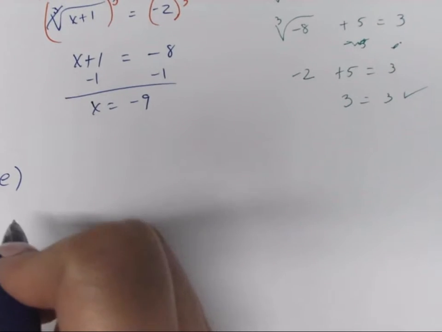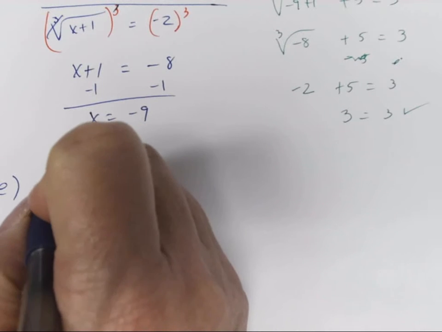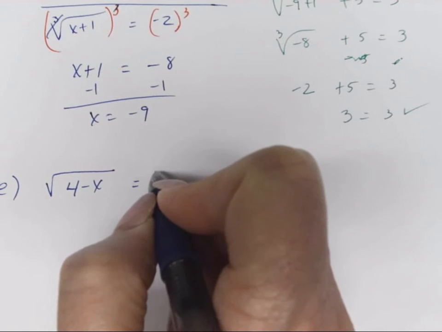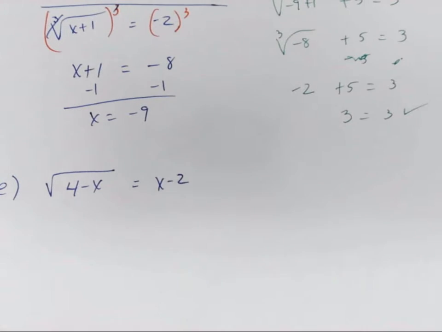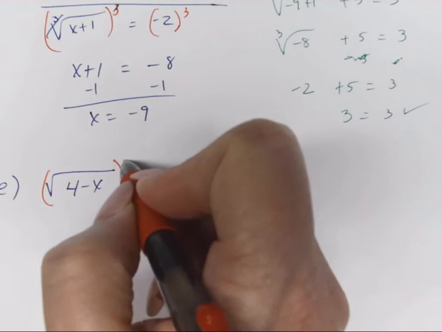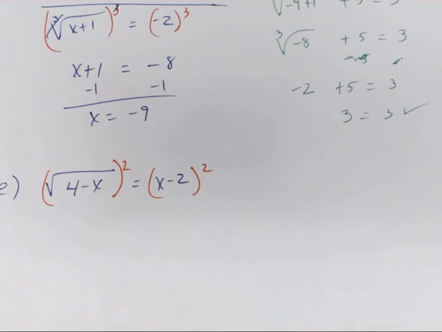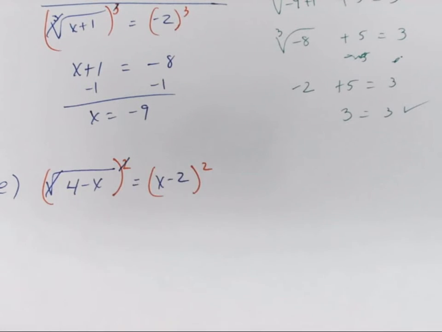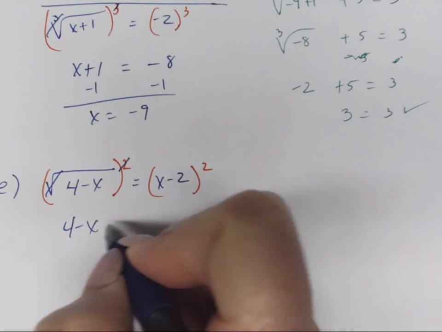So on part E, we have the square root of 4 minus x equal to x minus 2. So again, we're going to clear our radical by squaring both sides. Clearing the radical with the square, we get 4 minus x.